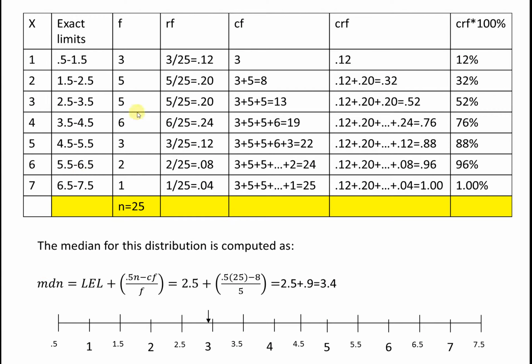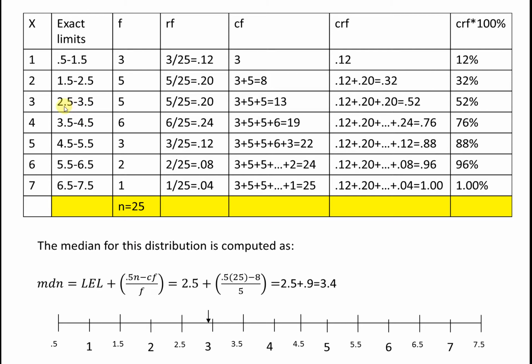So in this distribution right here, this is just illustrating how the median was computed. So the median for this distribution is going to have to fall within a range of values. You can see that we have 0.52, so 52% of the distribution would fall at or below a value of 3.5, and the 0.32 that we see right here is actually corresponding to the upper exact limit of this interval, but also the lower exact limit of the next interval.